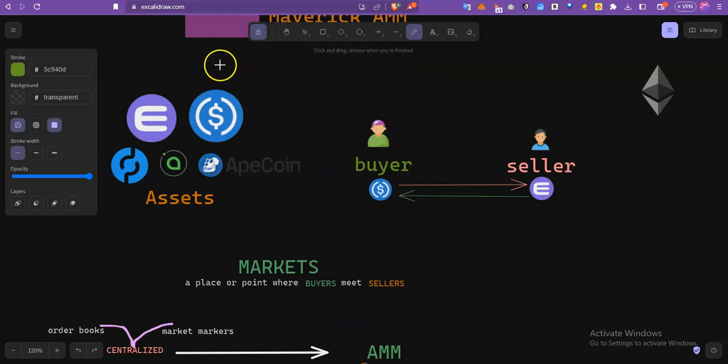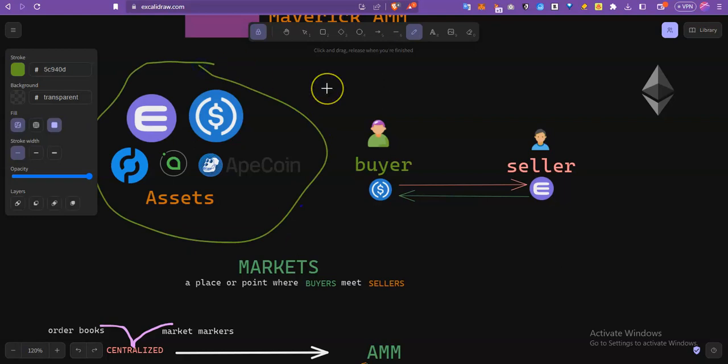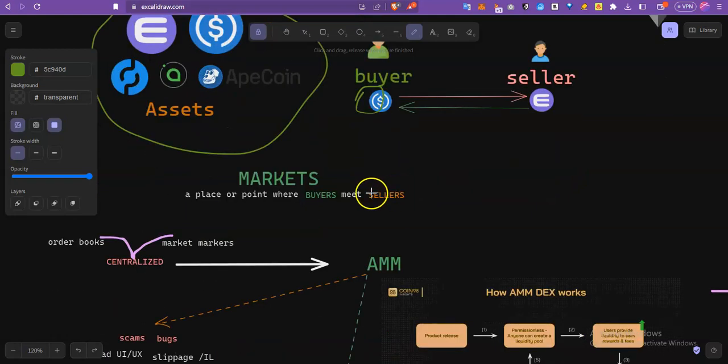Now, there are a lot of crypto assets, hundreds of them, packed in one place. So if a buyer, for example, that has USDT or USDC or whatever, wants to get maybe the engine token, and there's a seller who is willing to sell, they will meet in a place called the market. Like I said, the market is a place where buyers meet sellers, right?